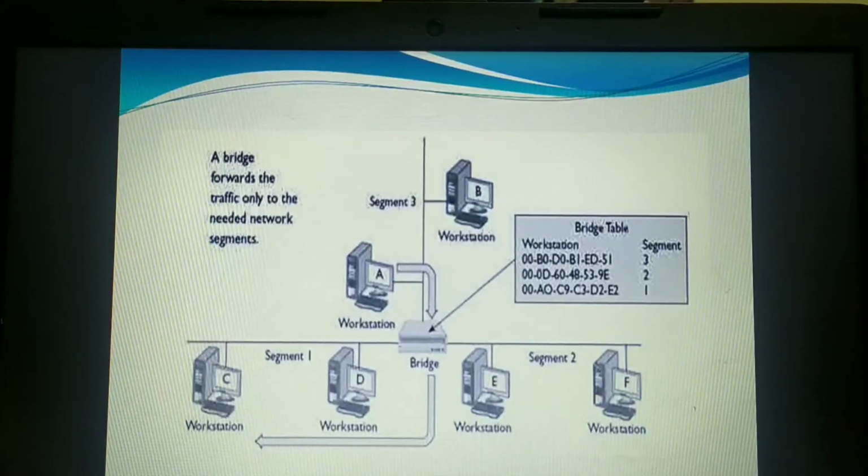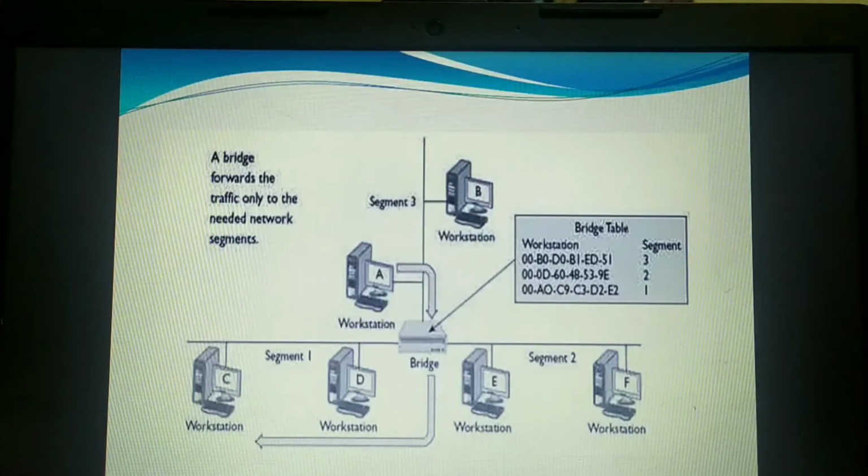Suppose you want to meet your friend who is in a different city. When you are going, what information do you collect? Which city he stays in, which street, which colony, what is his house number. All this information you need. So that is the logical or the IP address. Whenever your packets move outside your city or outside your network, you need this kind of logical address or the IP address.